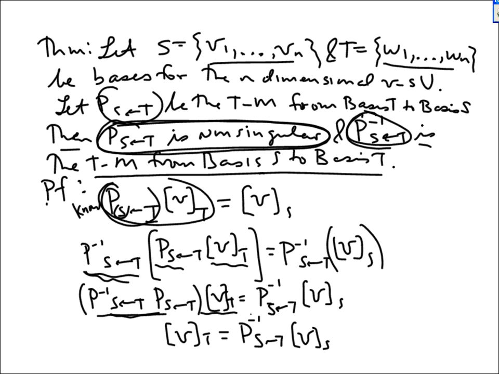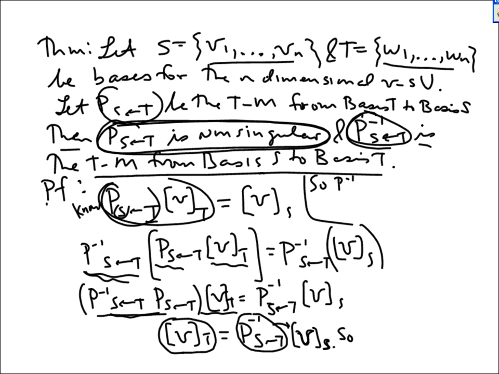Now, don't get caught up here. This is a matrix. I don't care what it looks like. When I multiply it by the coordinates of a vector with respect to basis S, I get the coordinates of that vector with respect to basis T. So, let me write it up here, please.